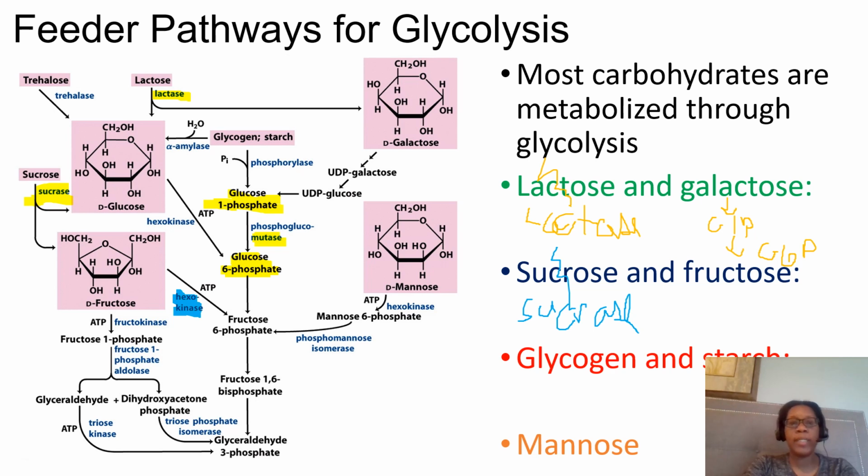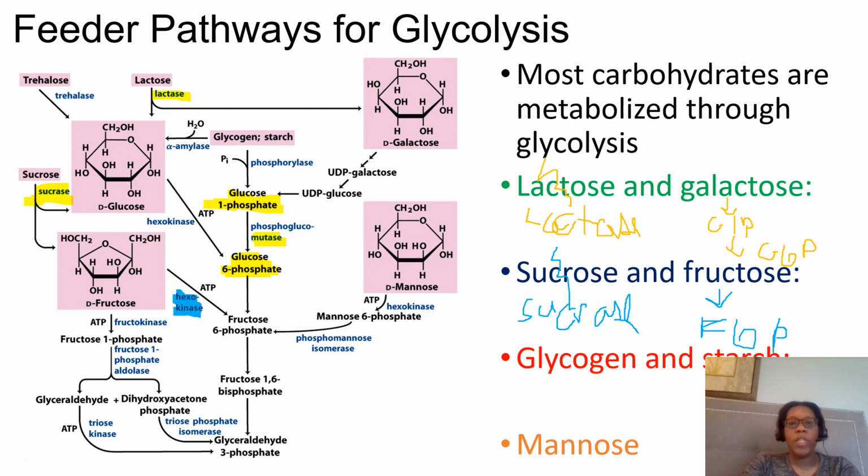So you've already seen hexokinase. Hexokinase is a kinase, so it's actually going to take a phosphate from ATP and add it onto the substrate. So we're going to utilize hexokinase again. It's good that that enzyme has multiple uses and create F6P.